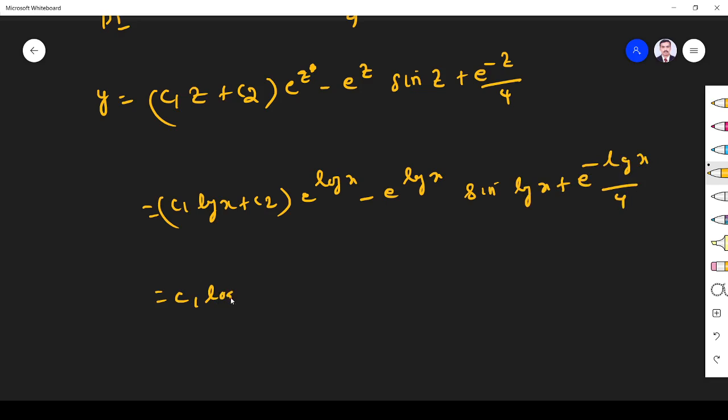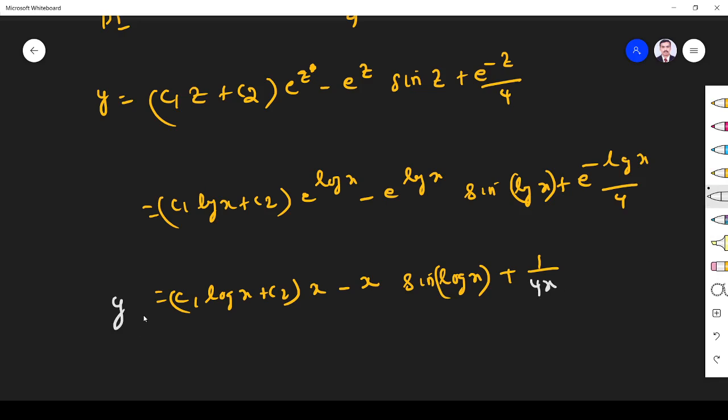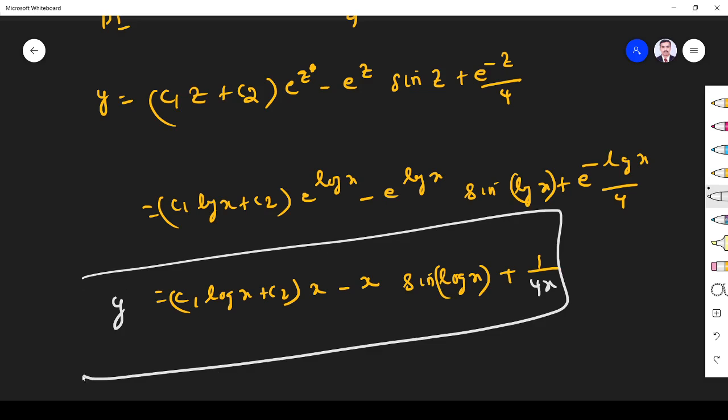So (c1 log x plus c2) x, minus x sine log x, plus 1 by 4x. So that's what my y is. Because e power log x is x, and e power minus log x is 1 by x.